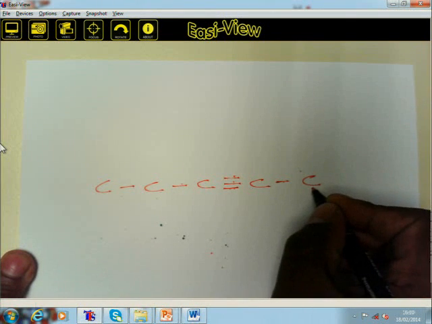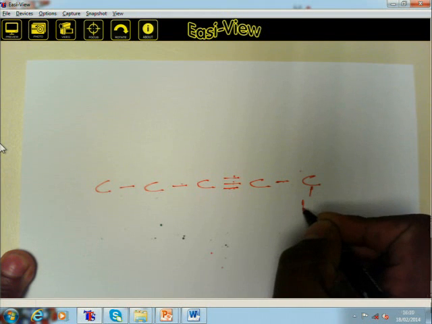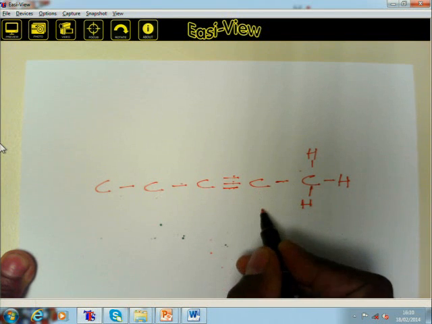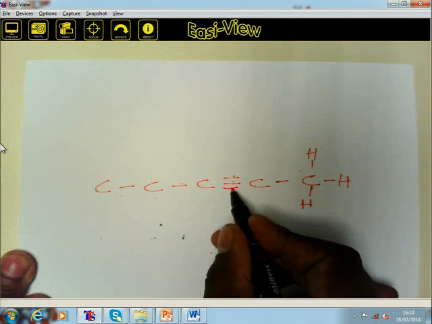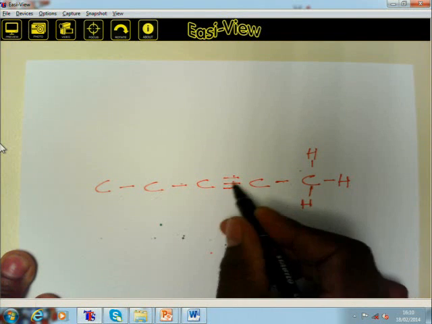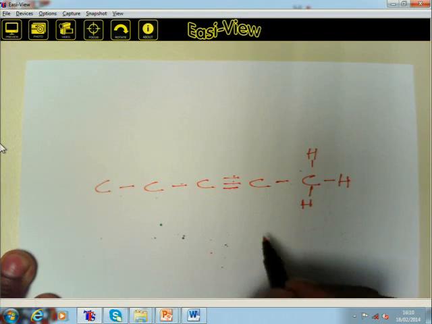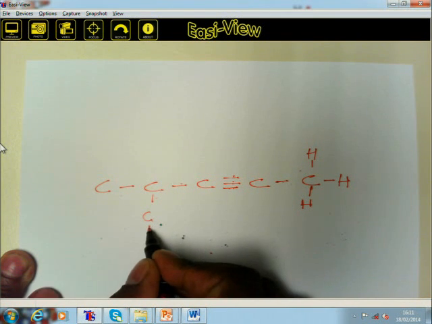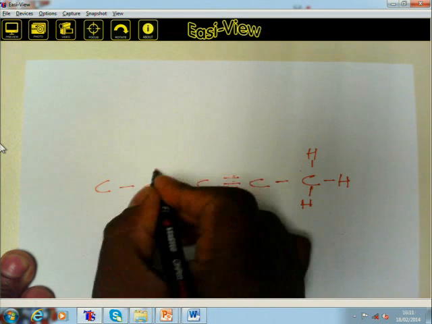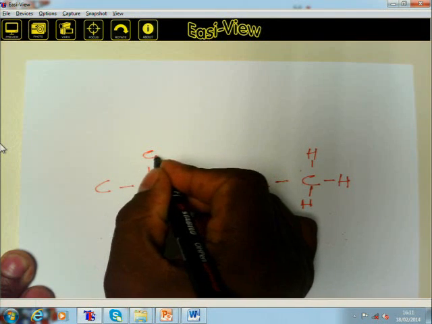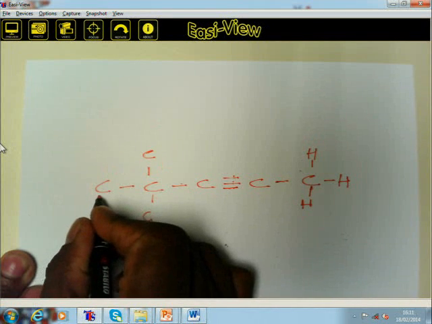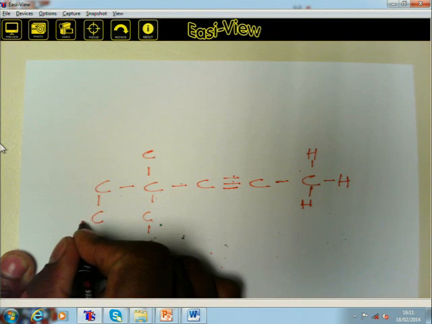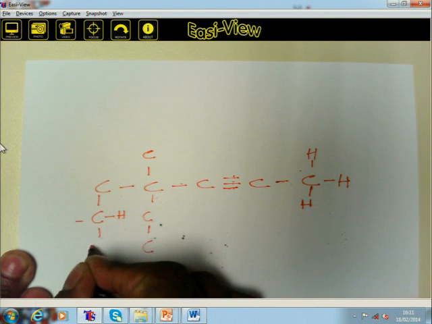And then let's put here the hydrogens. This one doesn't need any hydrogen because the number of bonds is right. And then let's put a substituent there with 2 carbons and another one there with 1 carbon. Let me put the other carbon there. So this one will have 3 hydrogens.